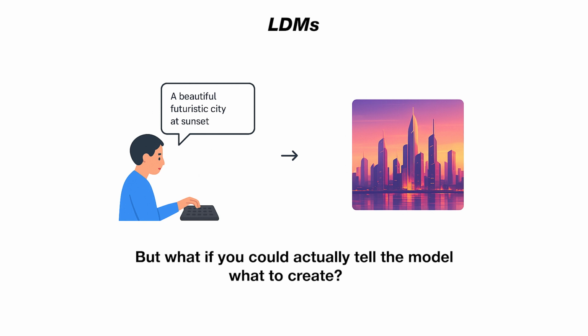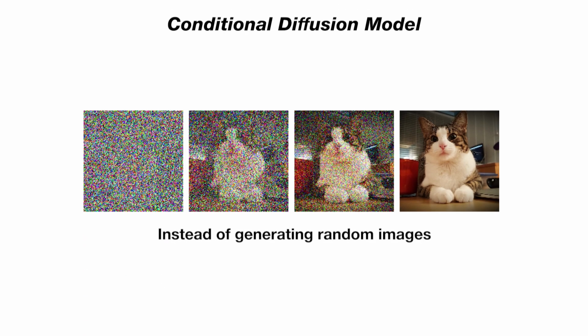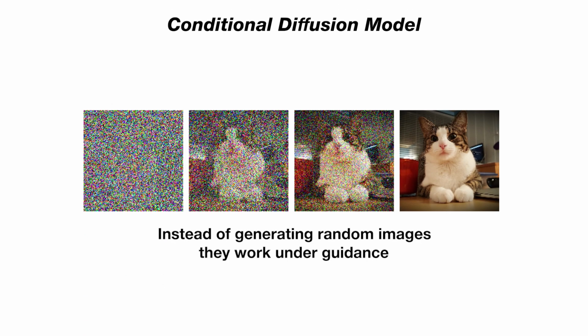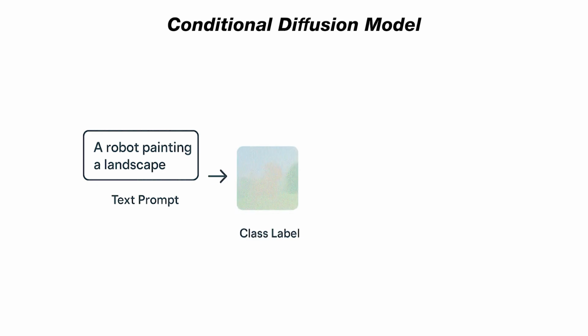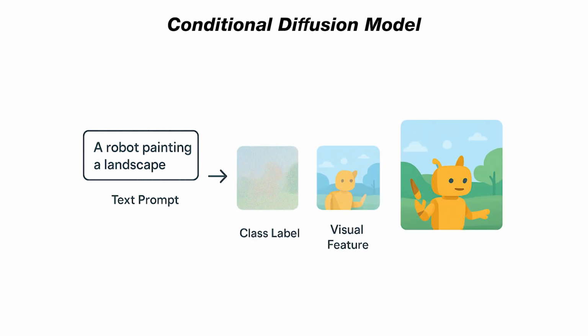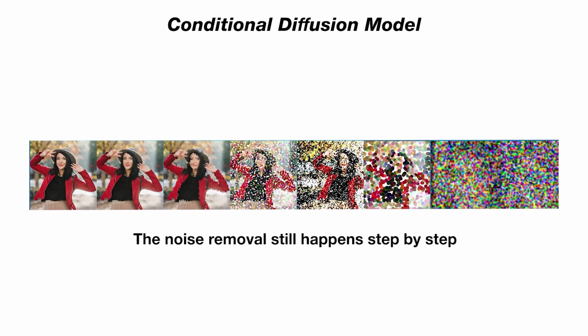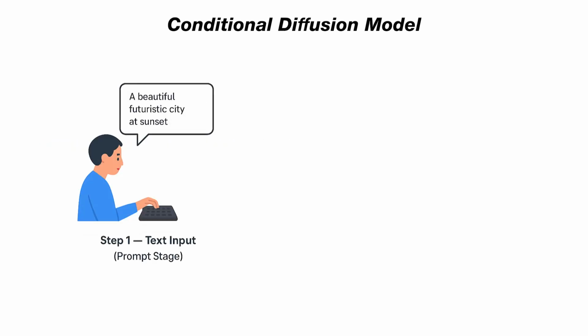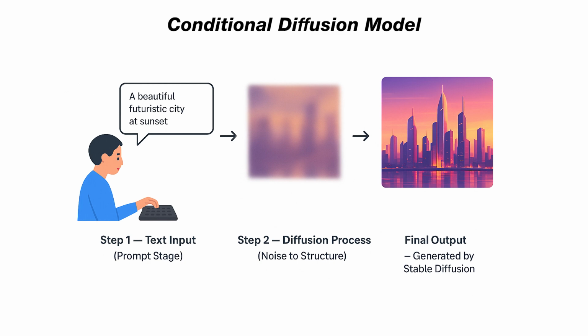But what if you could actually tell the model what to create? That's where conditional diffusion models step in. Instead of generating random images, they work under guidance, using text prompts, class labels, or features to steer the process. The noise removal still happens step by step, but now the model knows the direction it should go.